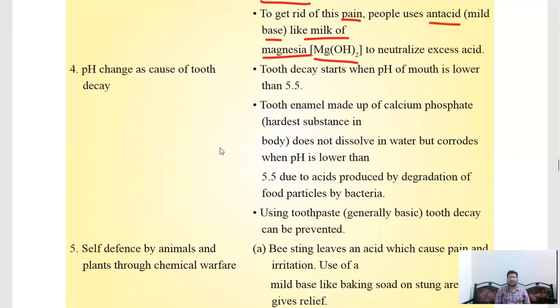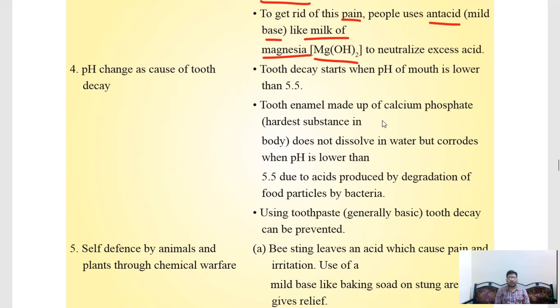pH change as a cause of tooth decay. Daily we need to brush our teeth, because when you eat something, food particles remain between our teeth, and bacteria produce acid, which causes tooth decay.